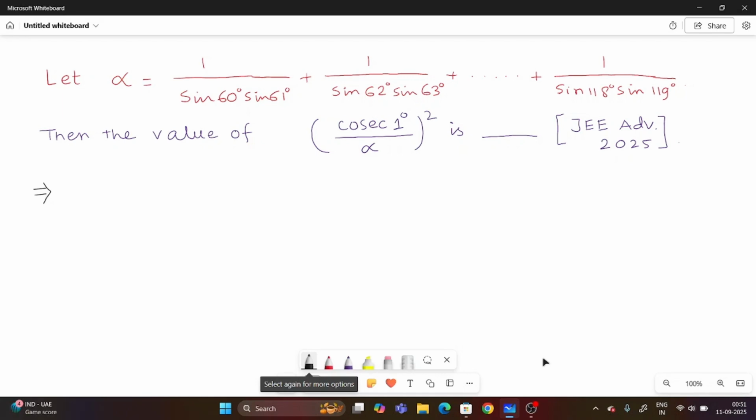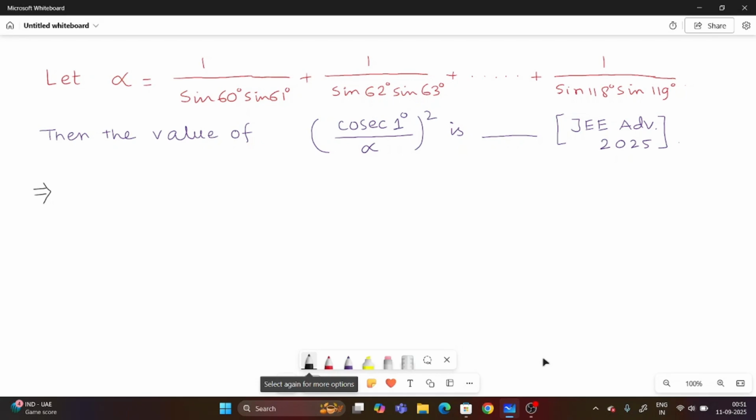Today we are discussing a very important question of trigonometry which came in JEE Advanced 2025. What is the question? An expression is represented by alpha. To find the value of (cosec 1 degree divided by alpha) whole square.